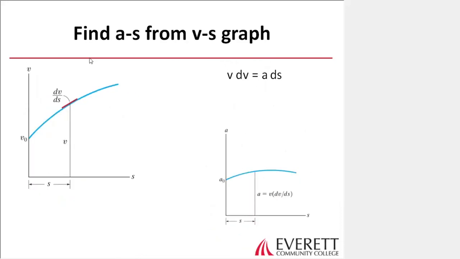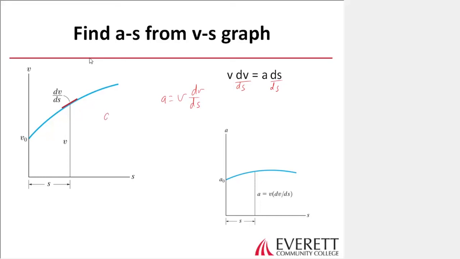Going the other direction, from a-s to v-s, we do something very similar. We're just going to divide both sides by ds. And we end up with acceleration is equal to v dv/ds. Well, what's that telling us in words?